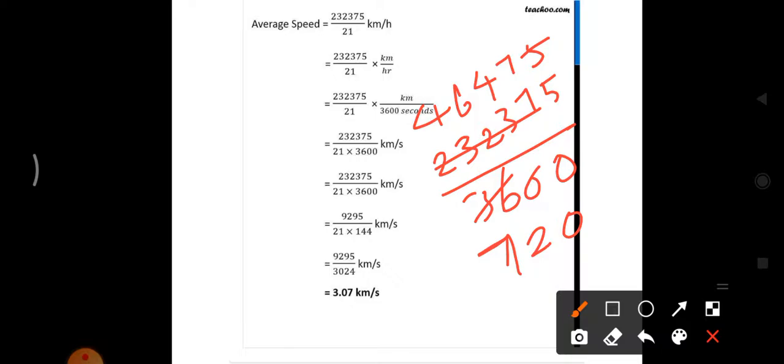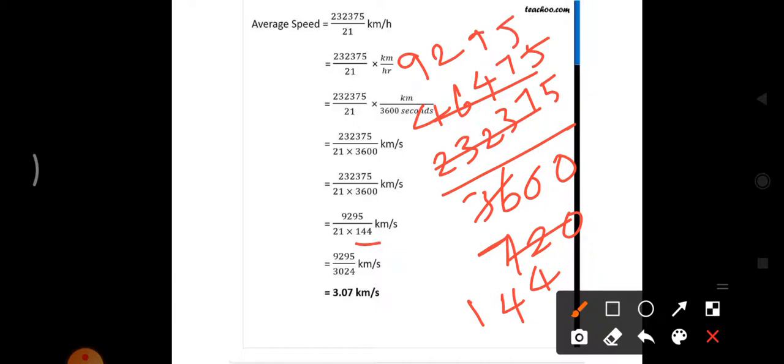The same here. 4 5s are 20, remaining 3, 6 5s are 30, remaining 2, 4 5s are 20, remaining 3, 7 5s are 35, remaining 2, 5 5s are 25. Again this value is cancelled. 1 5s are 5, remaining 2, 4 5s are 20, remaining 2, 4 5s are 20. So 144. Here 9 5s are 45, remaining 1, 2 5s are 10, remaining 4, 9 5s are 45, remaining 2, 5 5s are 25.